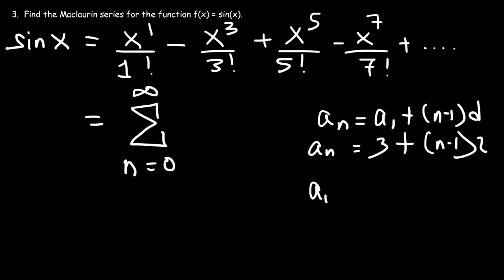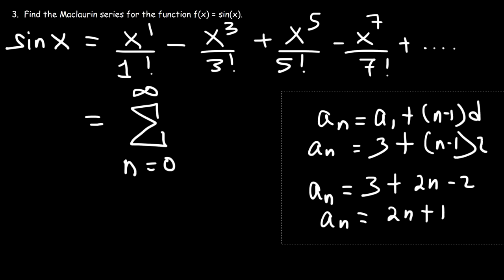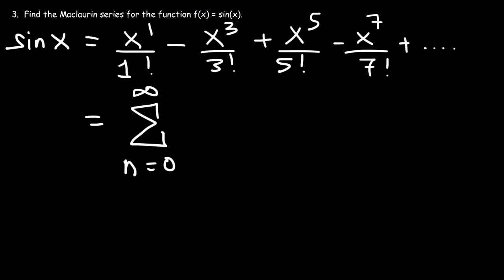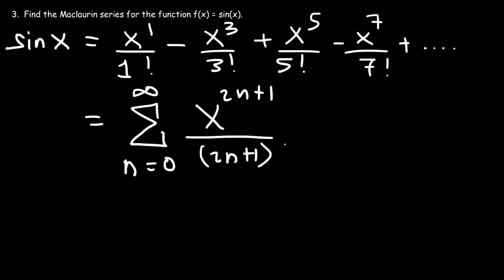And so we have the expression a sub n is 3 plus 2n minus 2. 3 plus negative 2, that's 1, so we're going to get 2n plus 1. And so this is going to be x raised to the 2n plus 1 divided by 2n plus 1 factorial. Since these numbers are the same, therefore they share the same general formula. We just have a factorial symbol at the bottom.